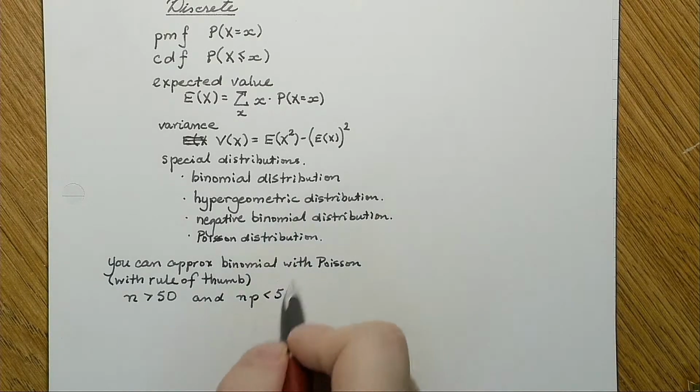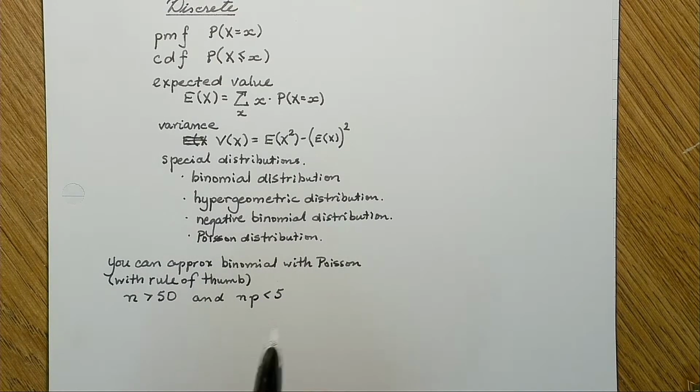We usually use the Poisson distribution for rare events, where the probability is quite small and the number of trials is quite big.